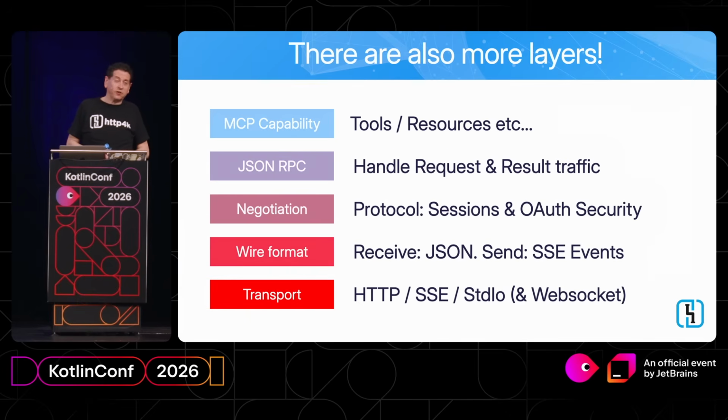And finally, we have JSON RPC. Although everything is a JSON RPC message, we have JSON RPC requests, and we also have JSON RPC results from requests that the server has made to the client. So that's before we get to the MCP capability itself. So that's much more complicated than simple HTTP.